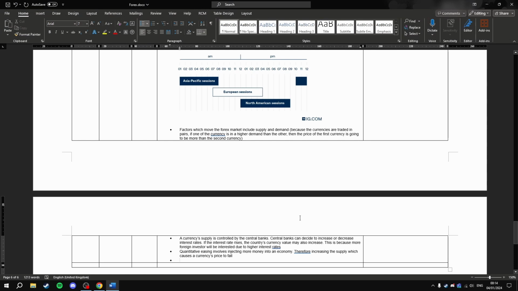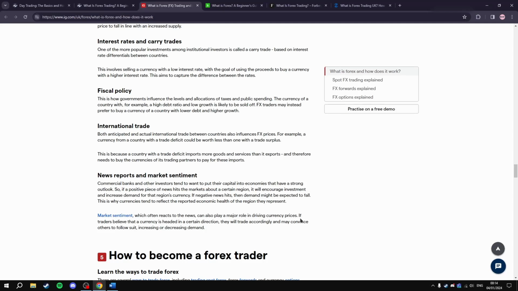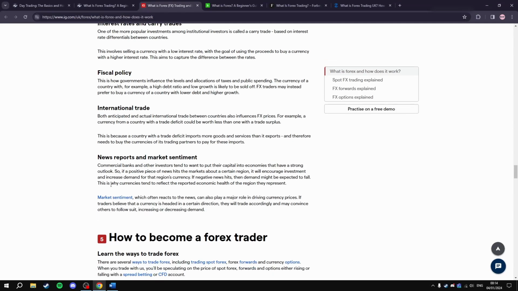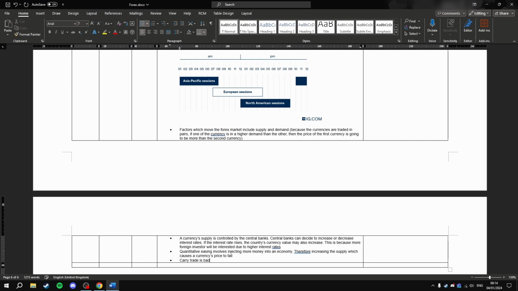Carry trade is based on interest differentials between countries.